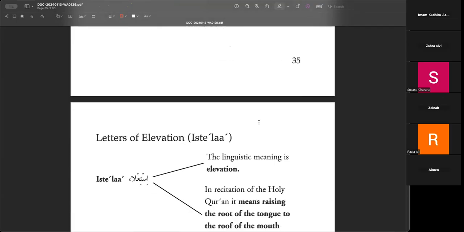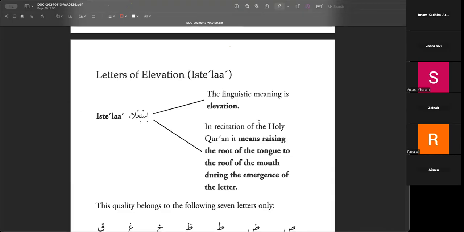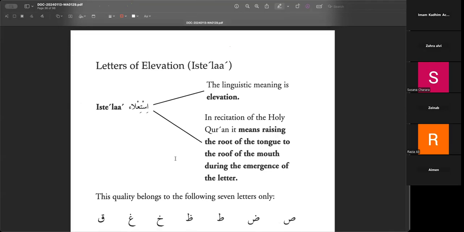There are actually many sifat, but in this book we're only going to study four of them. I think they're the most important or the ones that are maybe more confusing. The first one is something we have been mentioning a lot in the last three weeks, but we're going to give it the proper name, and it's isti'la.